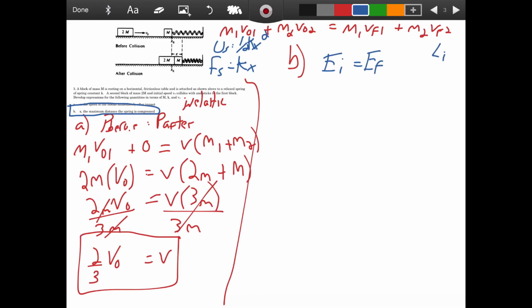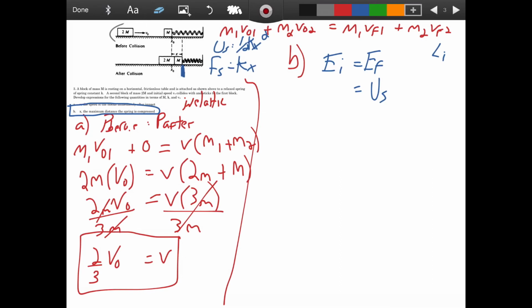Now, let's think about it finally first. When this is compressed and comes to a stop, it's going to be all potential energy. Since it stopped moving, it has no kinetic energy. Now, when this block is first moving, it has all kinetic, and at the moment it collides, it also has all kinetic.